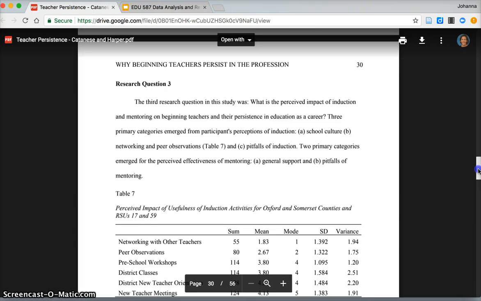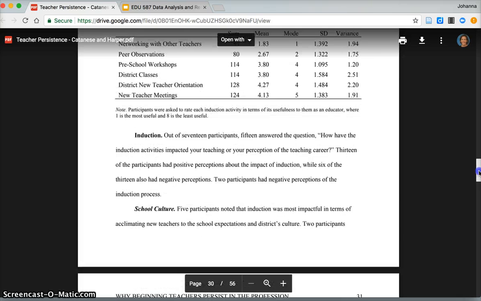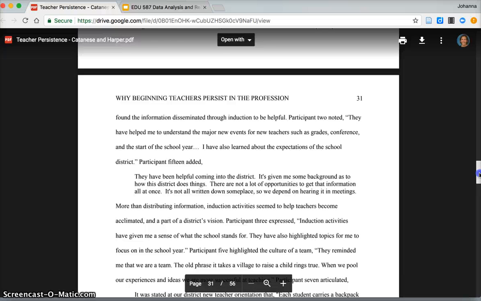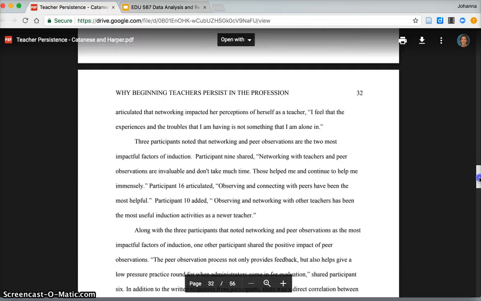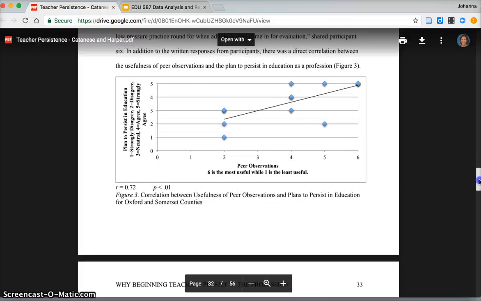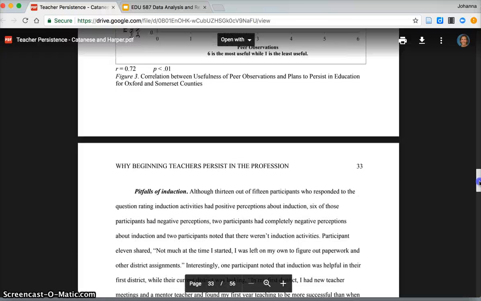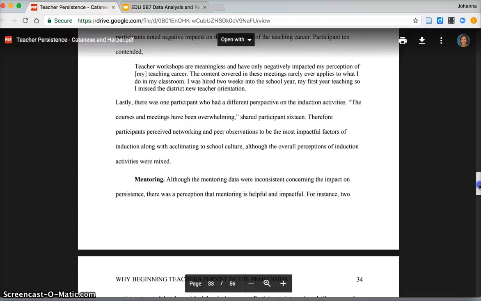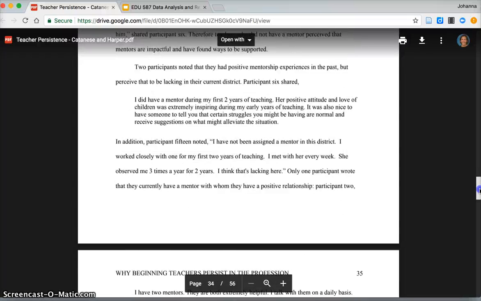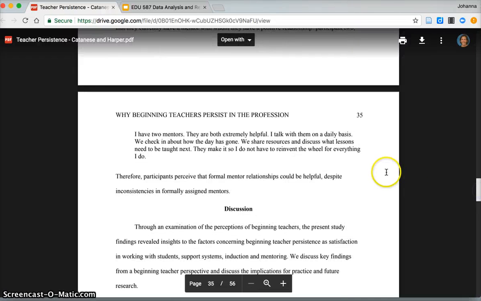So again, finally into research question 3, they've got their tables and then their quantitative data compared to their qualitative, and they did a correlation as well. They did explore some of the negatives as well as positives, and then bring that section to conclusion before moving into their discussion.